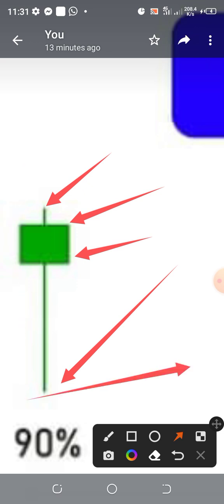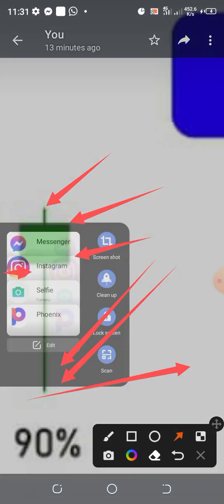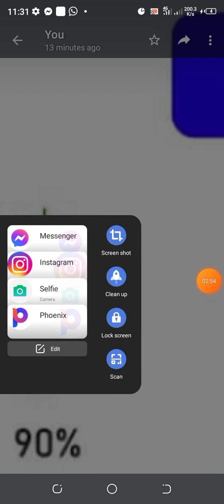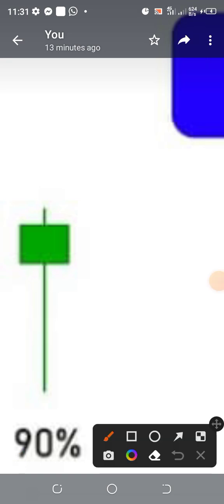The bullish pin bar. Why? Because the candle opened here, the sellers came in and pushed the price down. Then the buyers came in and pushed the price up to this level.